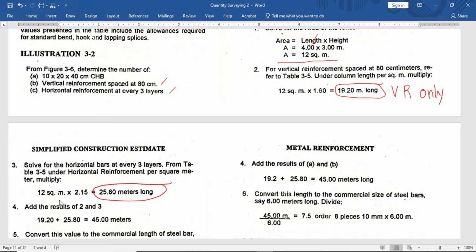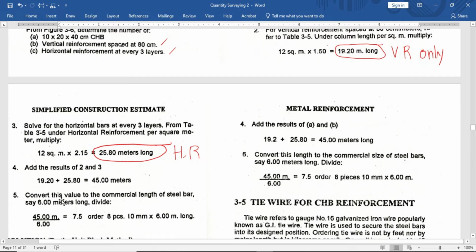Yan yung para sa horizontal reinforcement natin. So, i-add lang natin yung vertical tsaka horizontal reinforcement na 19.2 tsaka 25.8. Ang sagot natin is 45 meters.